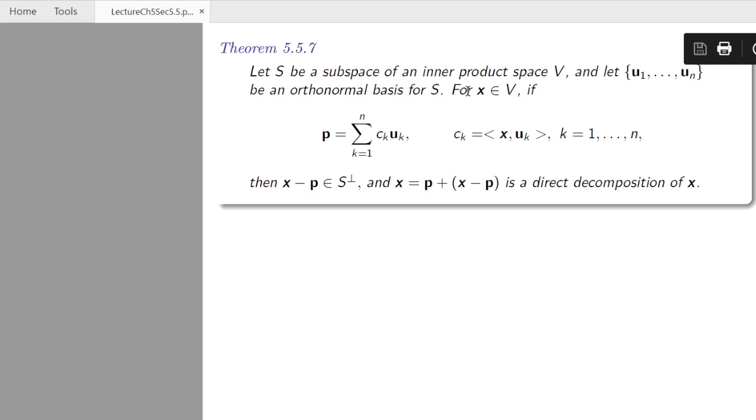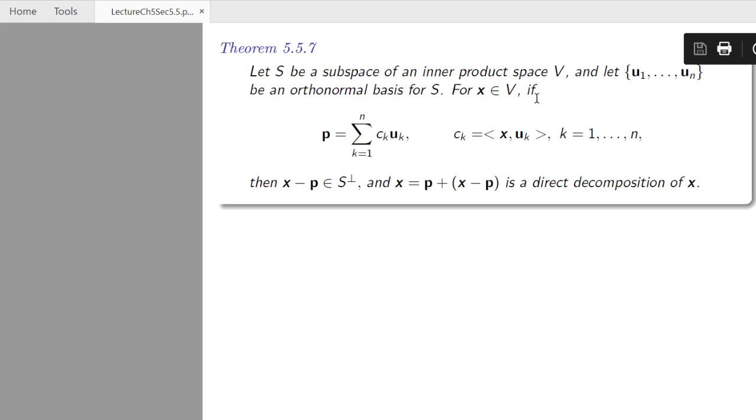Now we consider a vector X. X belongs to the vector space V, but X may not belong to the subspace.